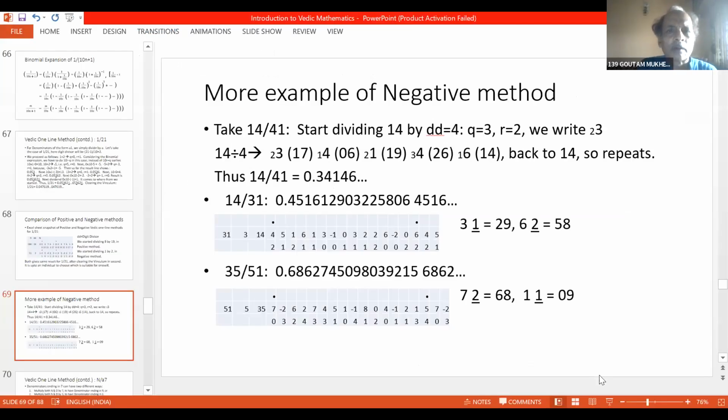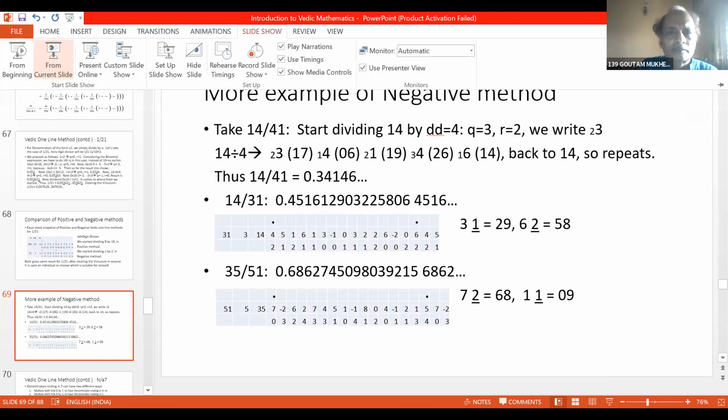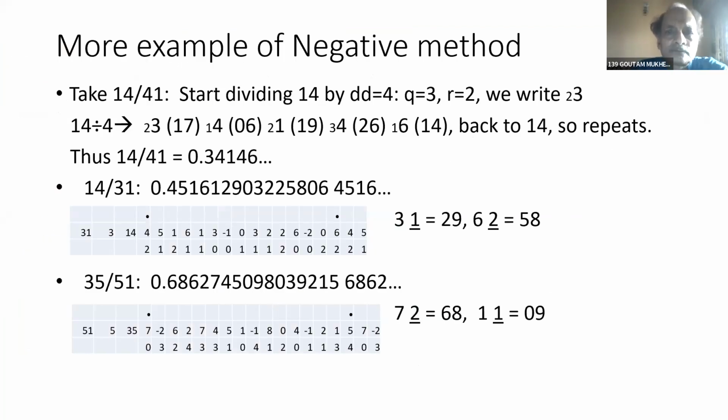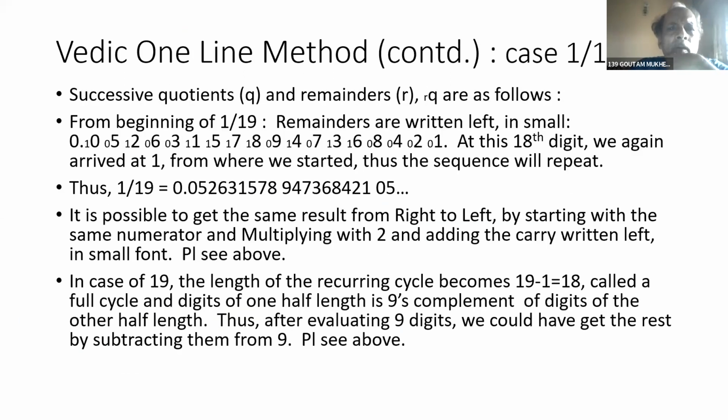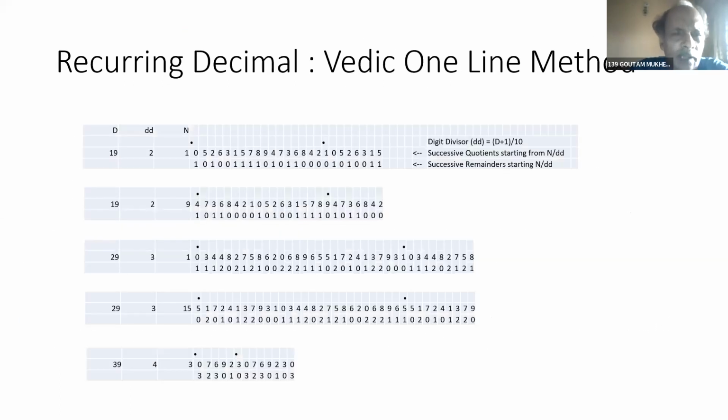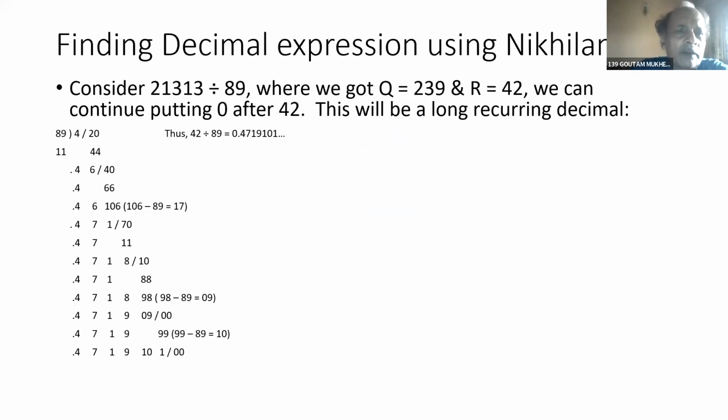So with this small discussion, I come back to my presentation. I was discussing here. I started with here. Before that, I discussed that if I want to use the Nikhilam method, how the different factors will come. It will keep on going, and I think it is 44 digits.